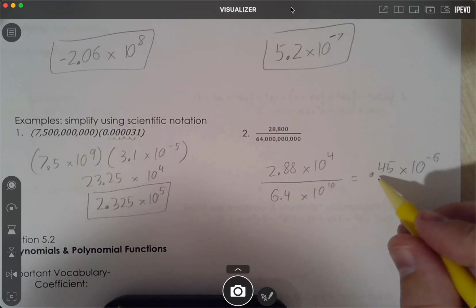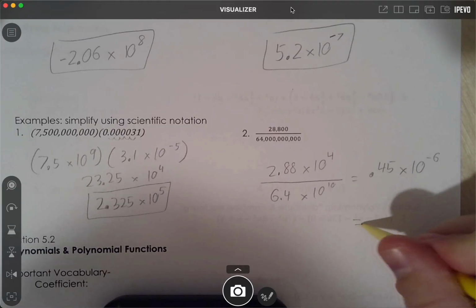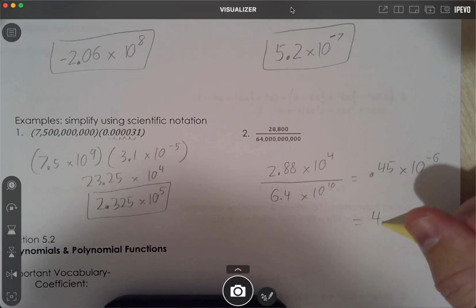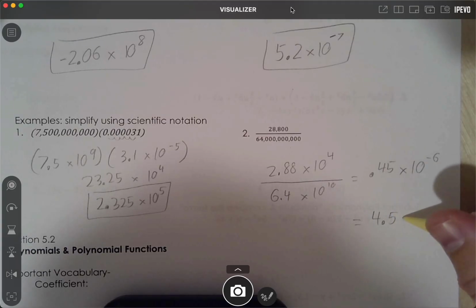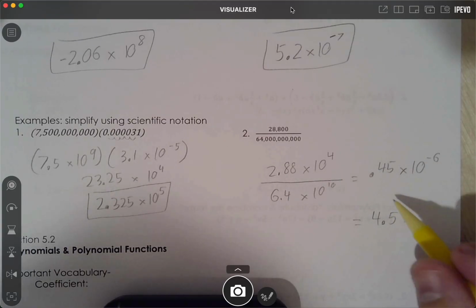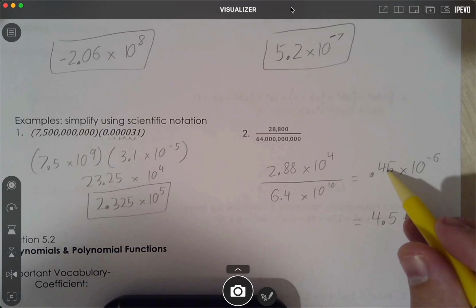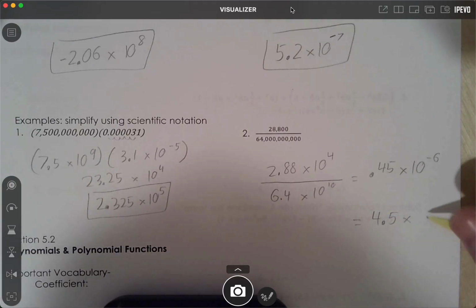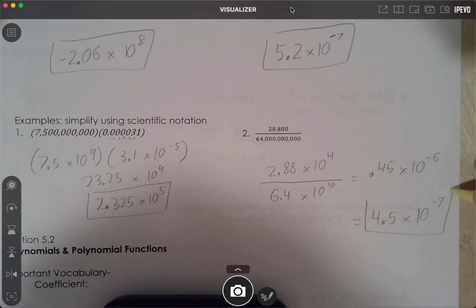Now I'm almost done, but this new number, once again, is no longer between 1 and 10. So I need to move this an extra place over. I've got to think about that for a second. I just moved it to the right, so to reproduce it, it would go back to the left or become smaller. So there we go.